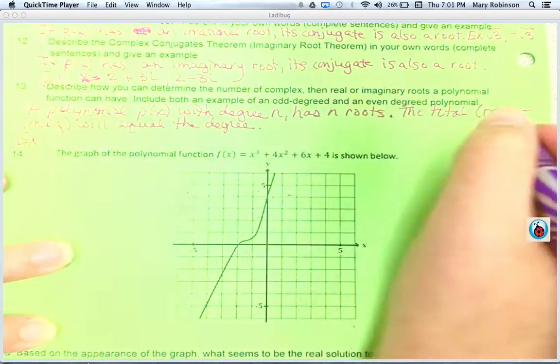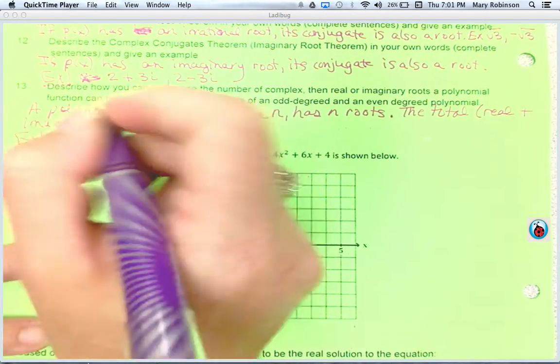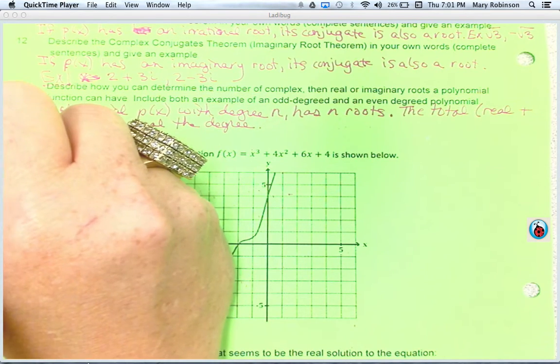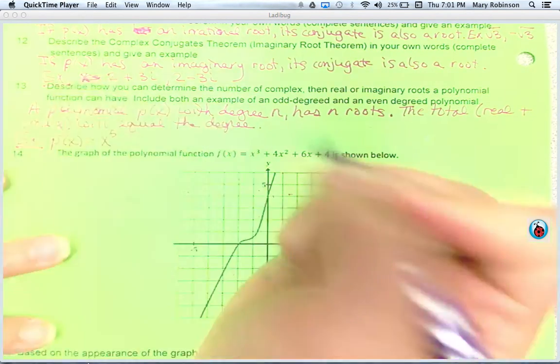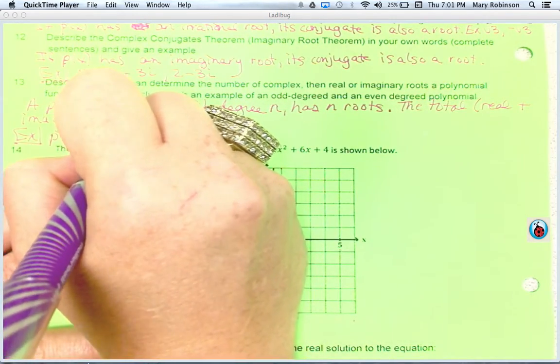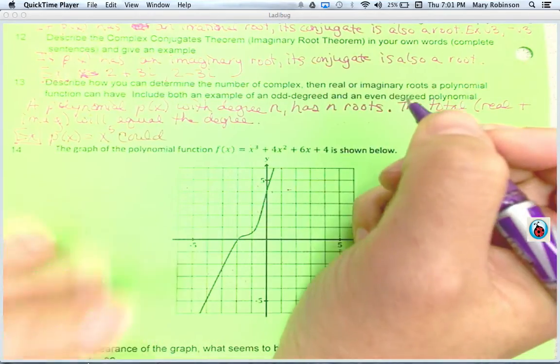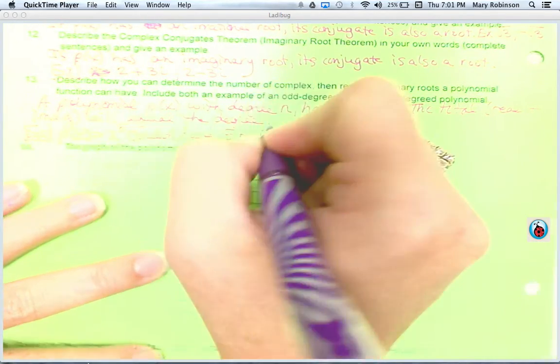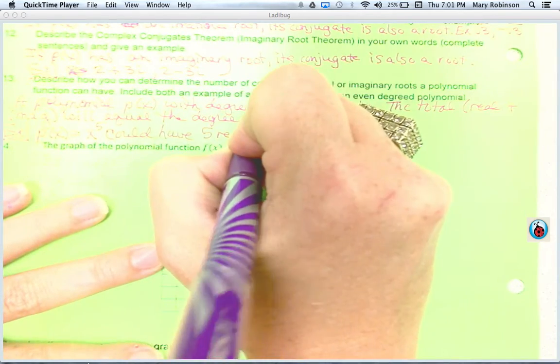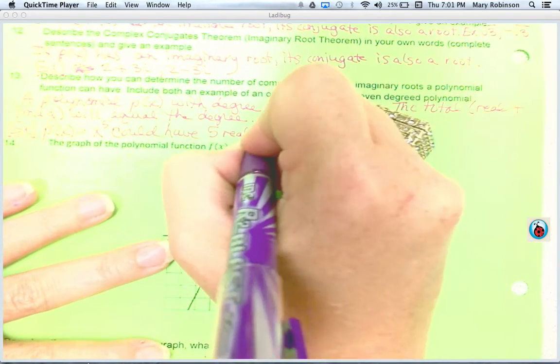And I asked for an odd degree and an even degree polynomial. So you don't have to make it too fancy. You can just say p of x equals x to the 5th power, and then list your possibilities. So you could say p of x equals x to the 5th could have 5 real, and then 0 imaginary.